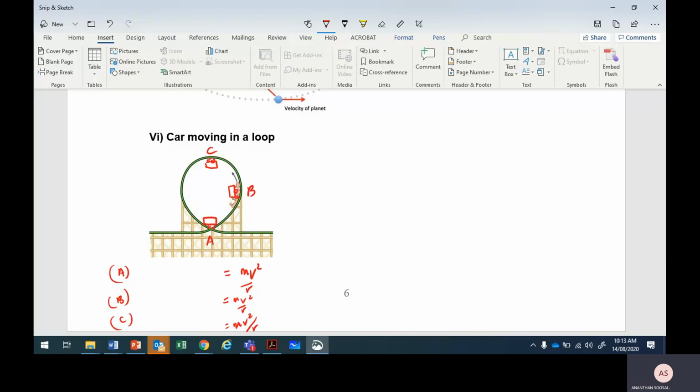First, maybe A. What force is acting on the roller coaster? What force is acting down? Of course, weight. Acting up, normal reaction. Yes, normal reaction.